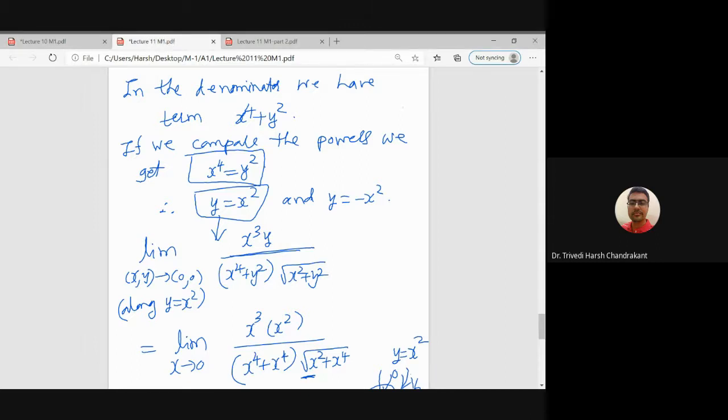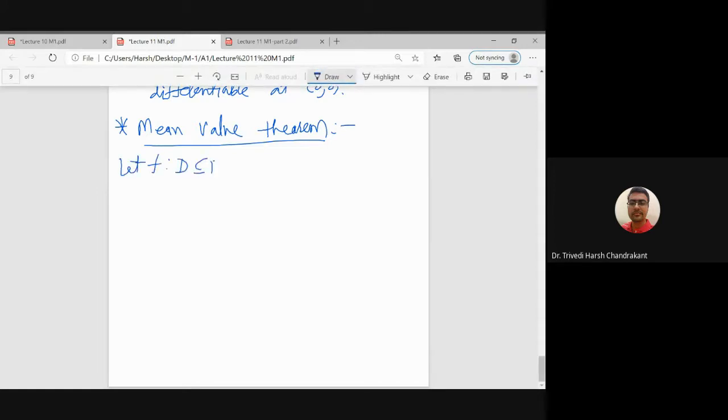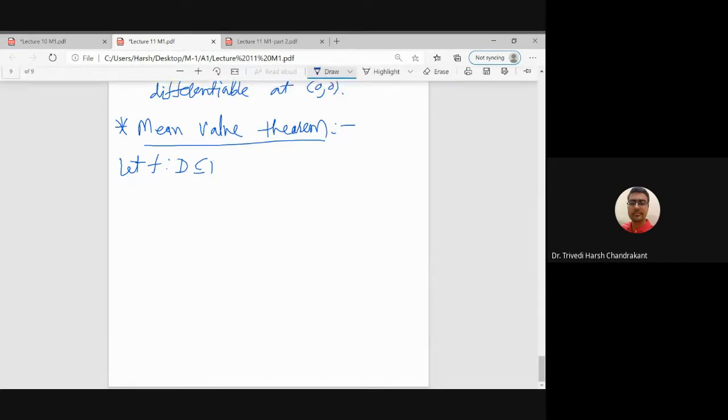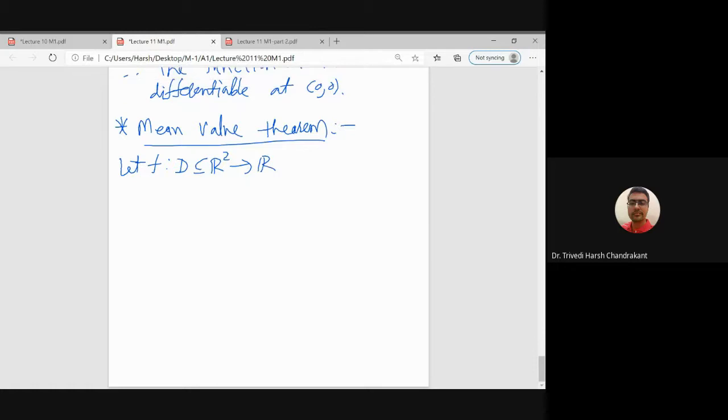Okay, so let me just write down the statement quickly. We have a function from R2 to R which is differentiable.